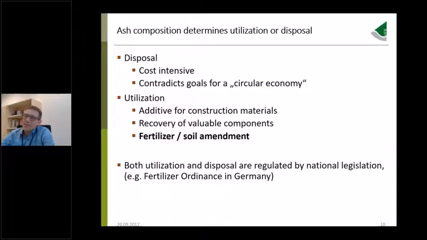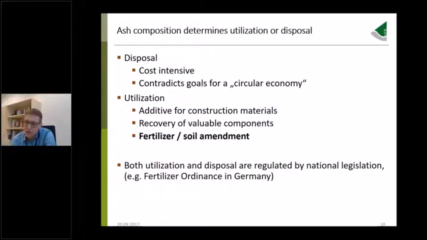to use this ash, which is mainly fertilizer material, as fertilizer to improve the quality of soil. So to do so, we need to reduce or to have low toxic metal concentrations. Those toxic metals are also partially valuable components.